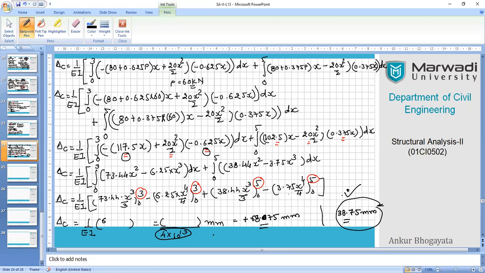We'll go with this common answer, and this is my practice also in the classrooms, where the majority answer is there. So I'll be going with this answer for the moment. Those who want to recheck their answers can recheck here, and we'll go with the answer 38.75 mm as the deflection over here.